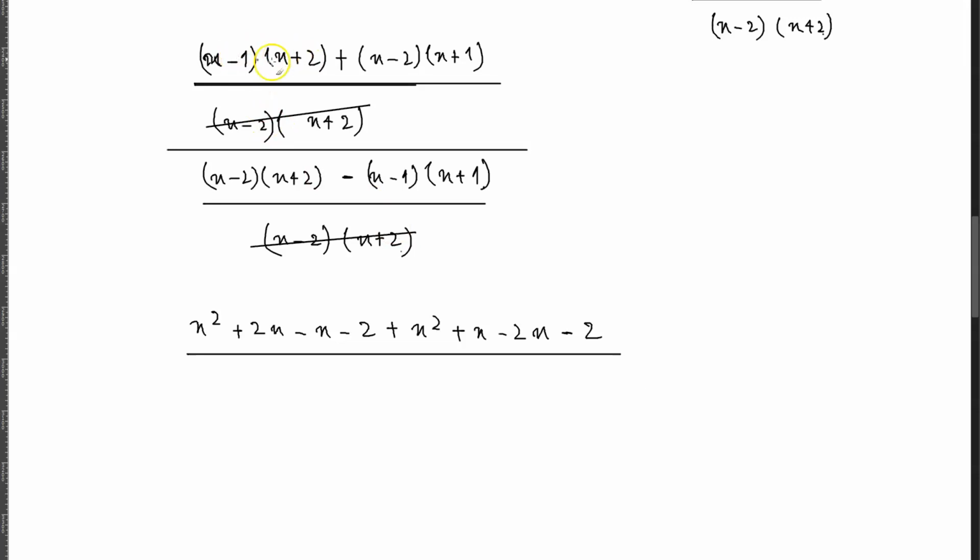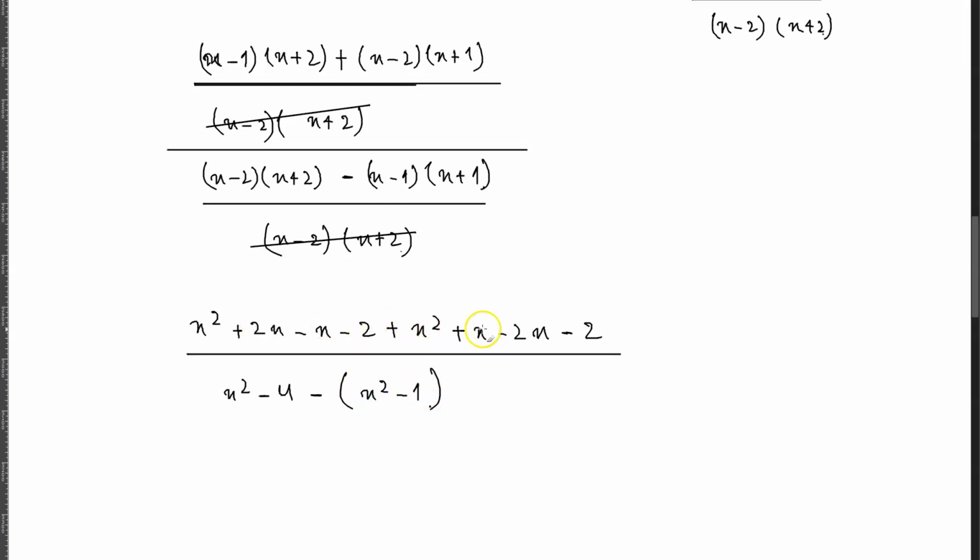And then over here I have x minus 2 times x plus 2, which is equal to x squared minus 2 squared, which is equal to 4, minus, over here I have x squared minus 1.